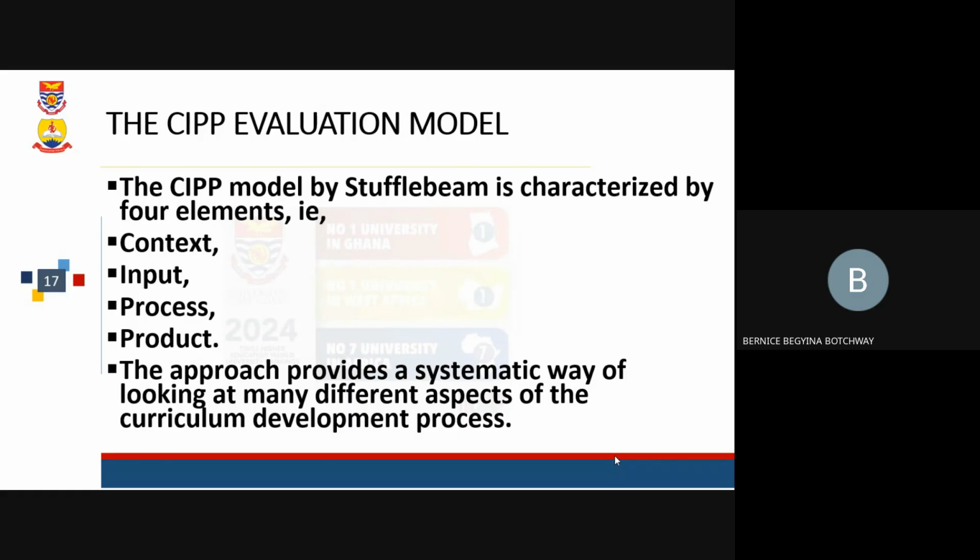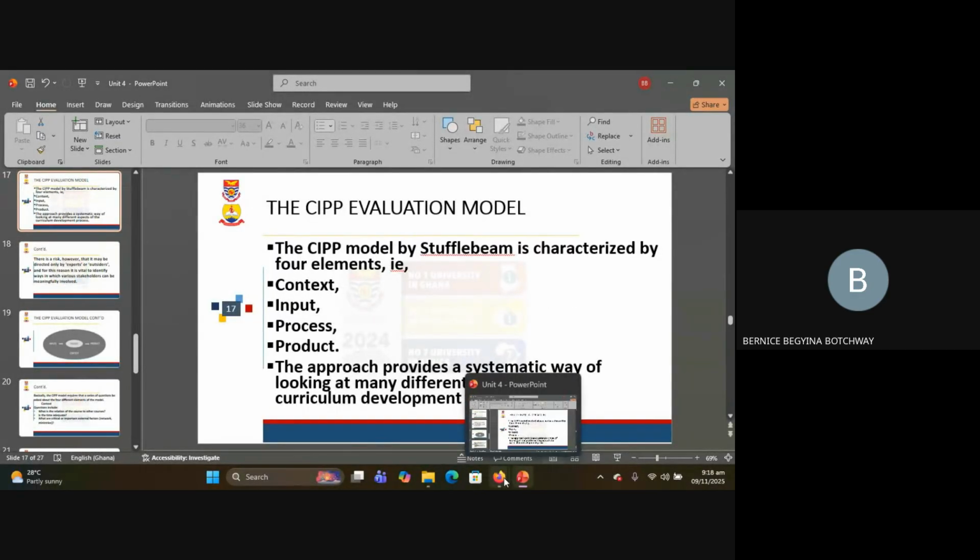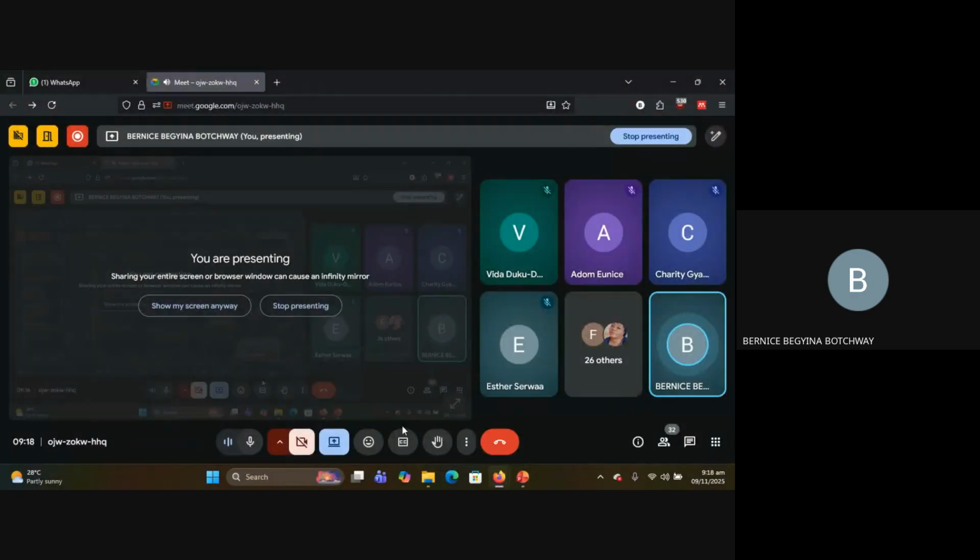So let's compare this model to Tyler's model. What are some key differences you've seen here, in the way Tyler's model goes and the way the CIPP model does?